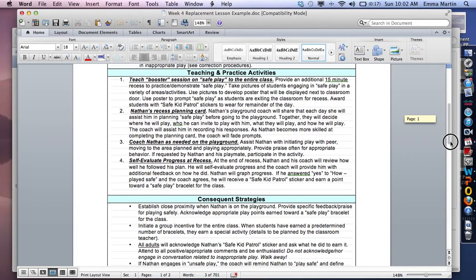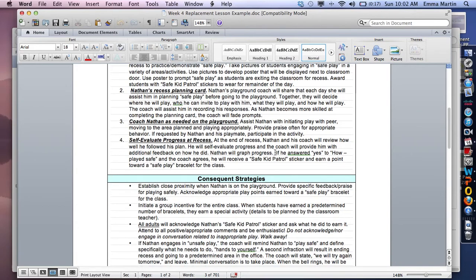At the end of recess, he would evaluate his progress. And he received what was called a Safe Kid Patrol sticker, which I made on my printer. And he would wear that for the rest of the day.